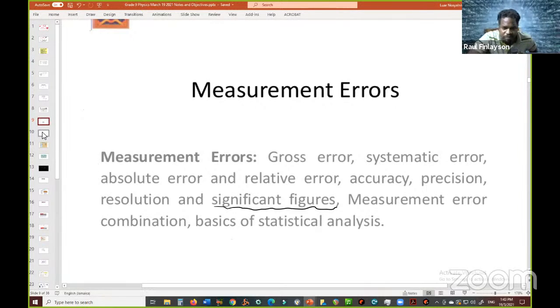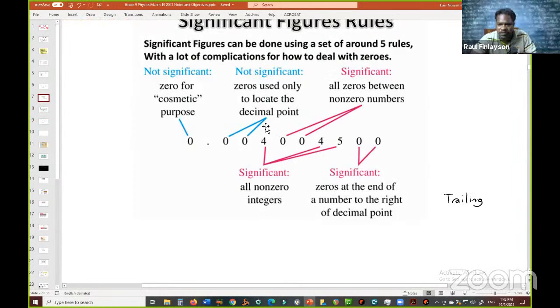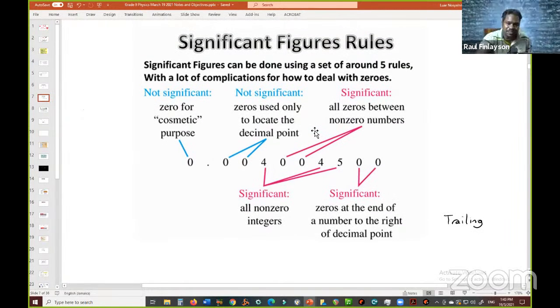Significant figures have a lot to do with the errors. Now, remember, significant figures refer to any digit that's not zero. Now, there are times when zeros are significant, and those were discussed in previous lessons. And if we were to go back to previous lessons, we know that the significant figures follow some rules.